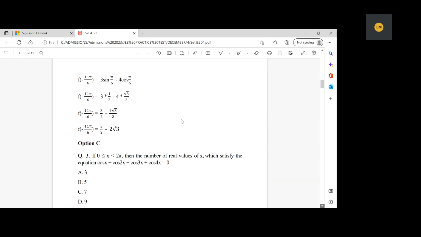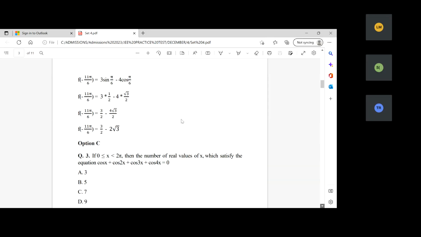And this is the next question which you have to solve. This is also a simple one. It can come in the cos or the sine term. If 0 is less than or equal to x less than 2 pi, then the number of real values of x which satisfy the equation cos x plus cos 2x plus cos 3x plus cos 4x equal to 0.